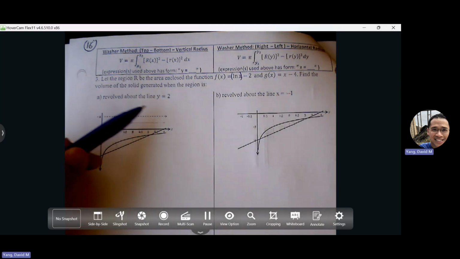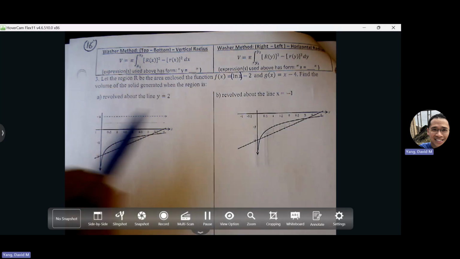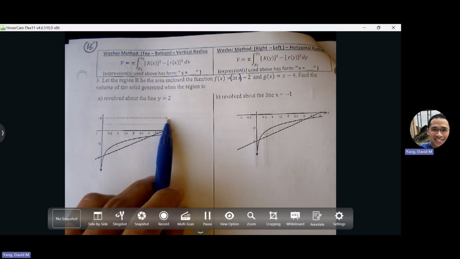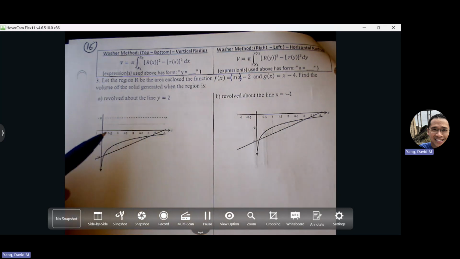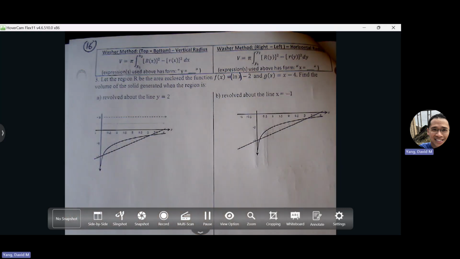Okay, so we start off with the easier problem with a horizontal axis of revolution, which means you're going to be able to deal with vertical radius, which means you can keep the functions that are provided for you.